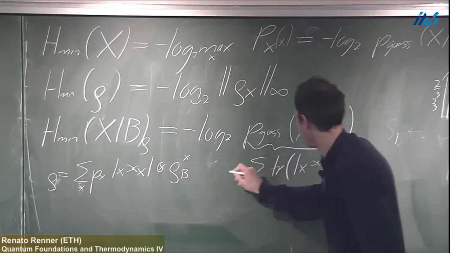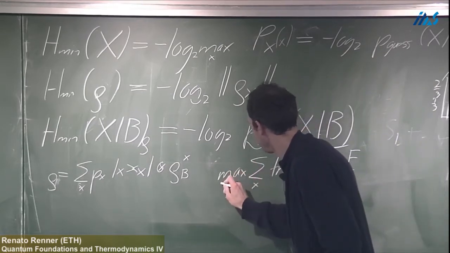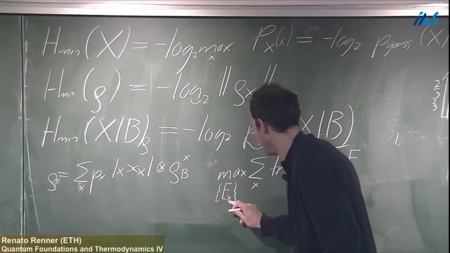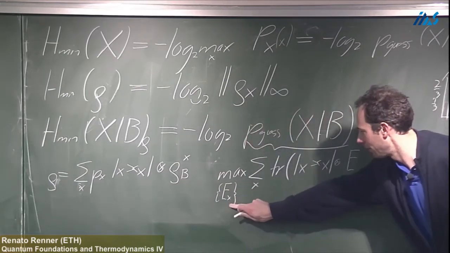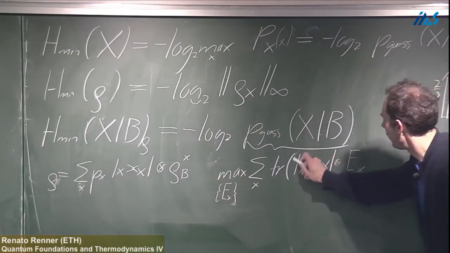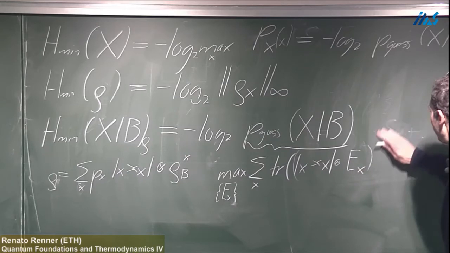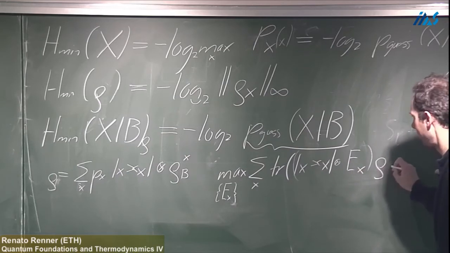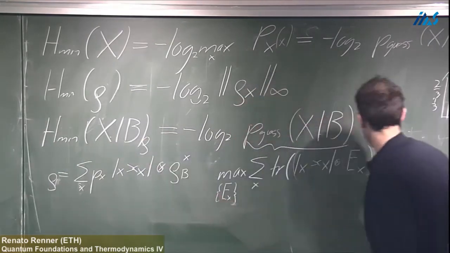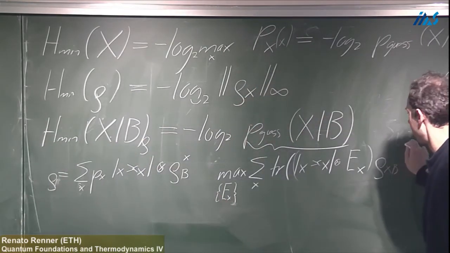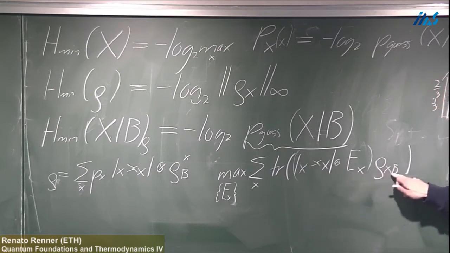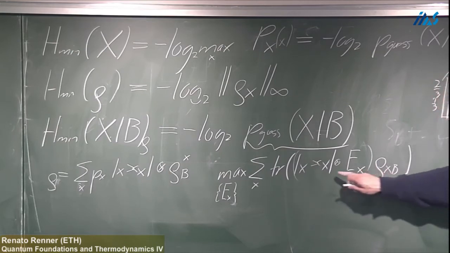So I maximize over all possible POVMs on the system B, labeled by an index x. Then I carry out a measurement according to this POVM on the state, which is always the state of X and B, and I look whether the outcome is x.